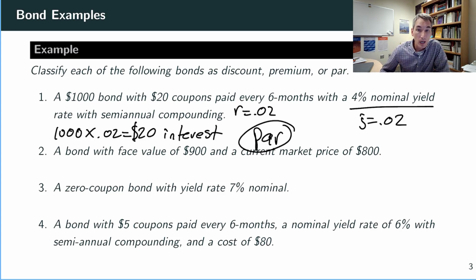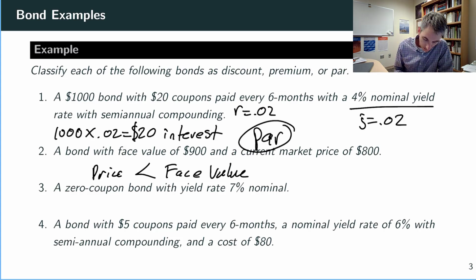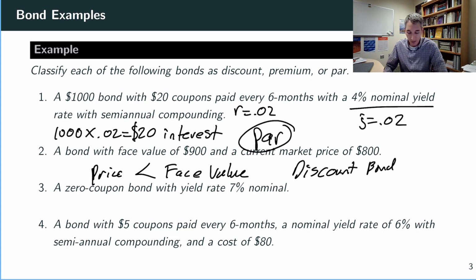Number two, a bond with a face value of 900 and a current market price of 800. Well, if the price of the bond is less than the face value, then that must be a discount bond. That's discount because it's selling for less than the face value. What that must mean is that there's not enough coupons to hold itself up at $900.